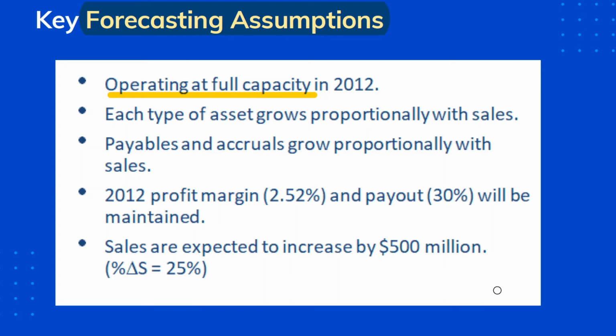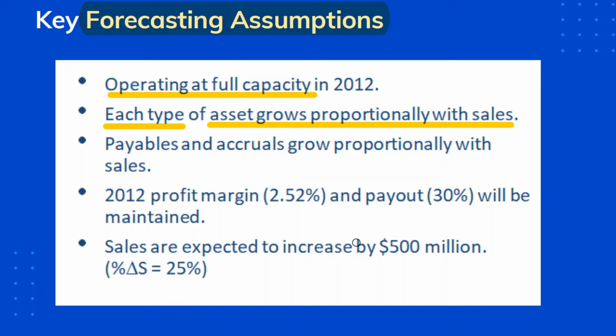The second assumption is that all assets will grow proportionately with sales. So this also corresponds to the first assumption. If the firm wants to sell more, the firm must invest more in assets. We assume that all types of assets must increase proportionately with an increase in sales.